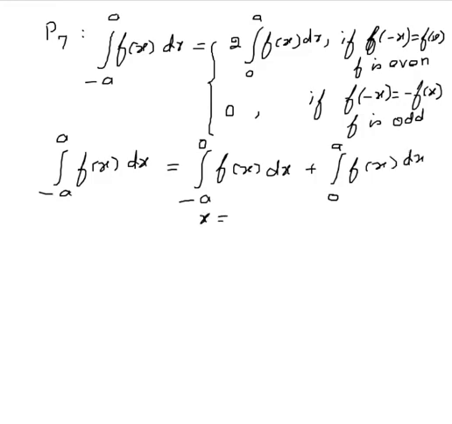Let us substitute x as minus t for the first integral. Dx is minus dt. Therefore, the first integral becomes, we have to change the limits. When x is minus a, t becomes a. And if x is 0, t is also 0. And here it becomes f of minus t and minus dt. I'll write the minus sign outside.